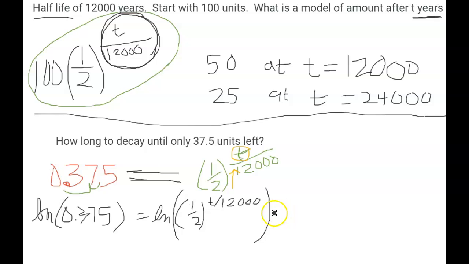But remember, the whole reason we did natural logarithms was to pull an exponent down, and that's the really important rule for logarithms, for any kind of logarithm that you want to do. An exponent on the inside of a natural logarithm can be rewritten as a multiple. So we can literally just rewrite that term as T over 12,000.